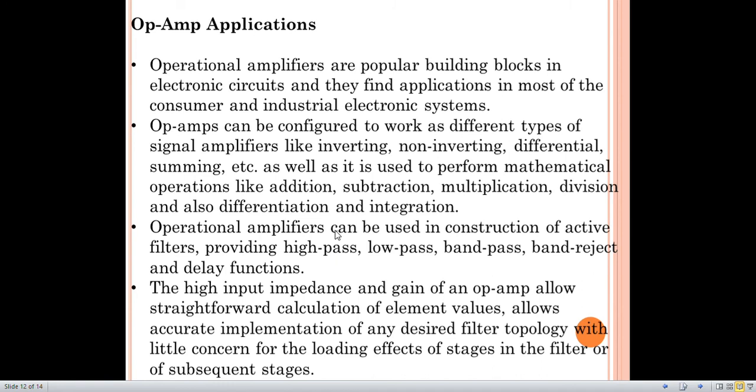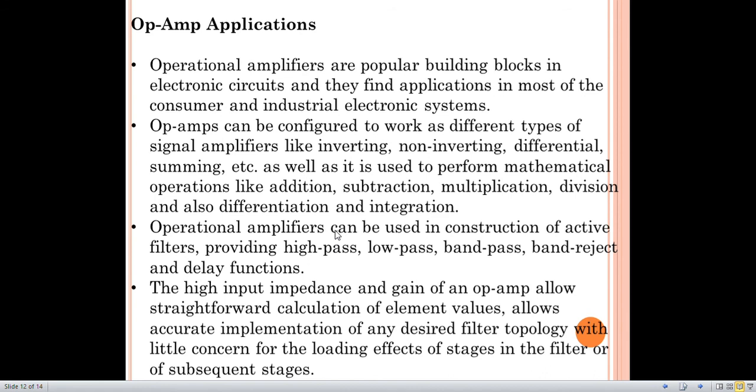And these operational amplifiers can be used in different types of amplifiers like inverting, non-inverting, differential, summing. Along with this, operational amplifier can perform many mathematical operations such as addition, subtraction, multiplication, division, and many more such as differentiation and even integration.